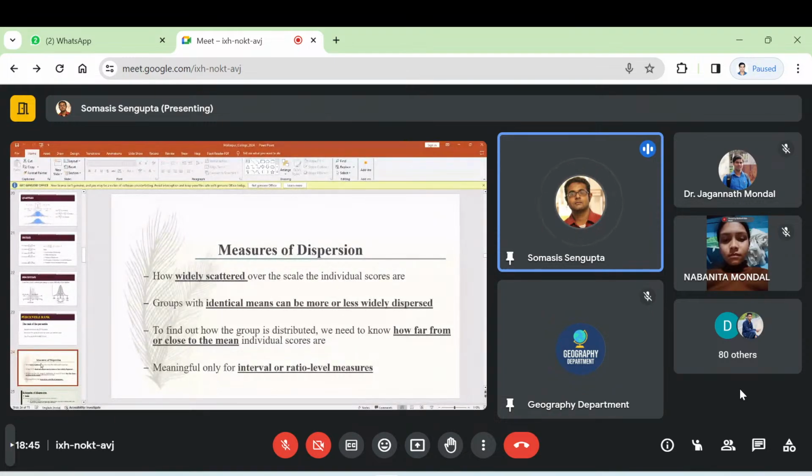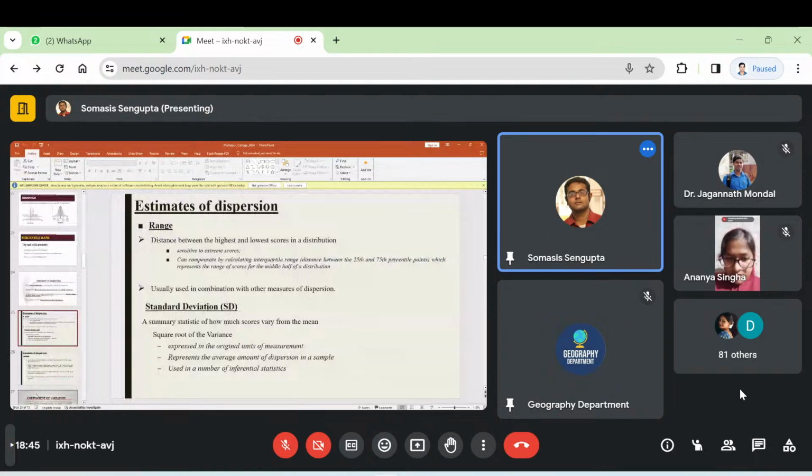What is important here is how far or close to the mean the individual scores are. And as you can understand, they are not applicable for ordinal or nominal scale, they are usually applied for interval or ratio level measures.